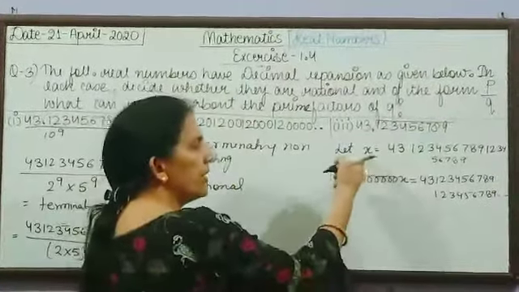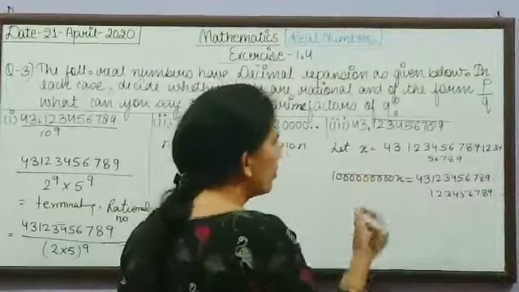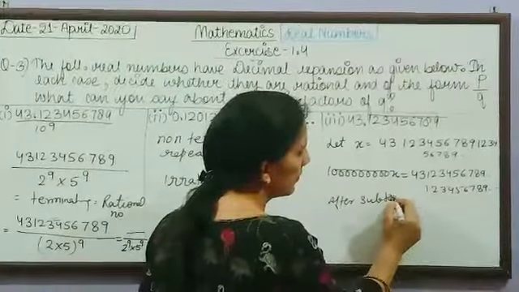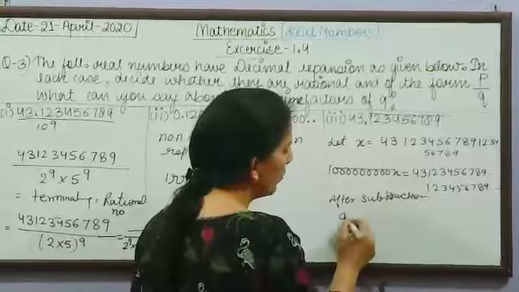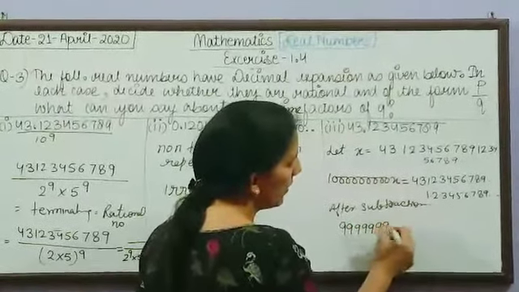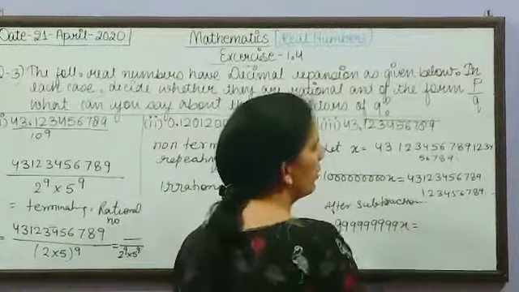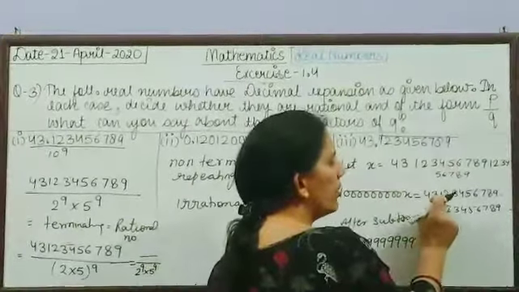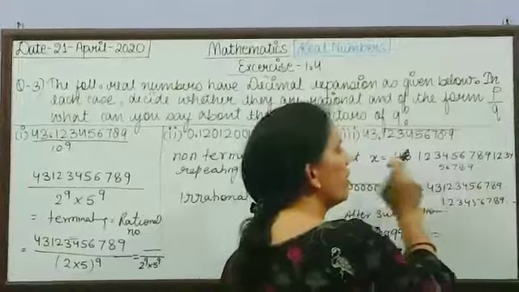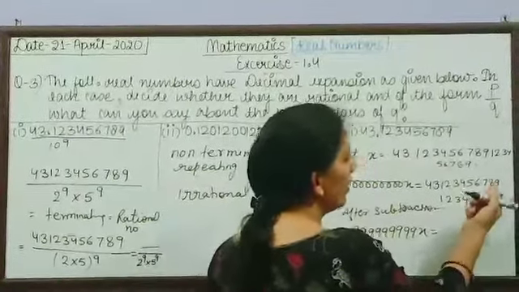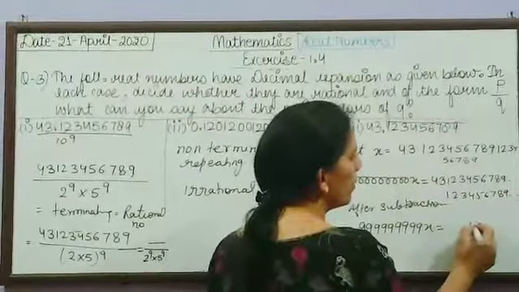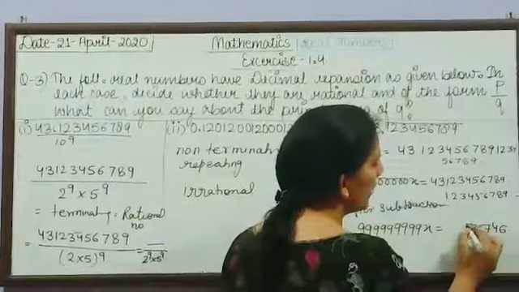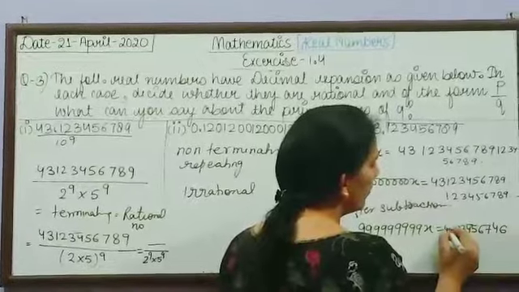Now subtract this from this, right? So how much are you going to get after subtracting? You are going to get 999999999 x is equal to, the digits after the decimal are all the same, so it will be zero after the decimal. We only have to subtract 43 from 43123456789. So how much are you going to get? 9 minus 3 is 6, 8 minus 4 is 4, the rest will be the same. 43123456746.